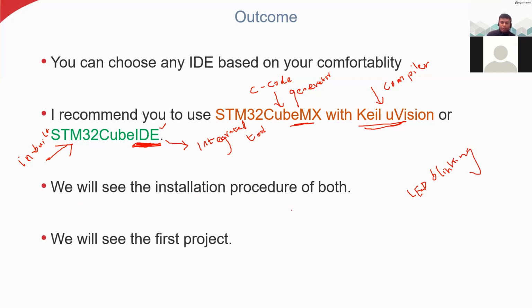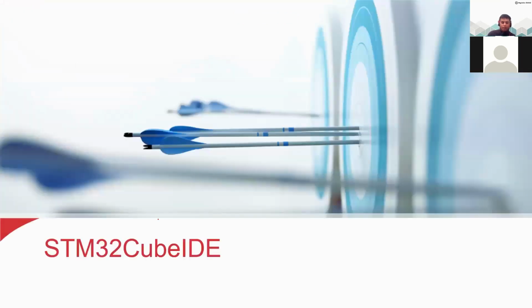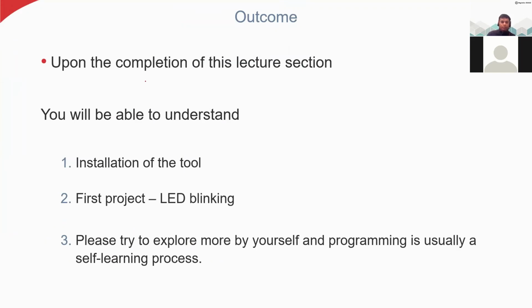We will see the installation procedure and then the first project. So STM32CubeIDE is the other solution you can use in this course. Upon the completion of this lecture section, you will be able to understand installation of this IDE and the first project, LED blinking.